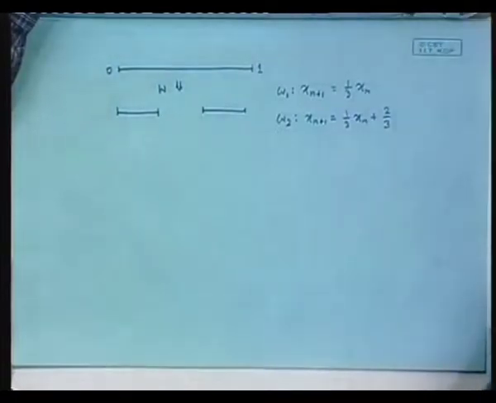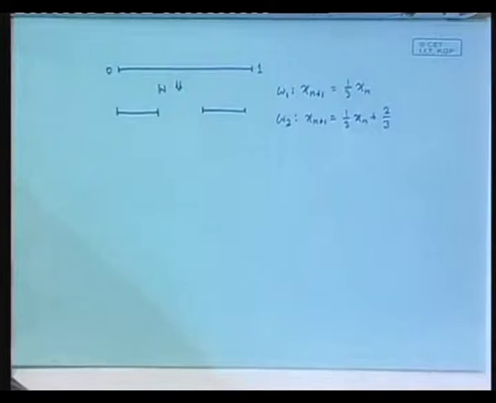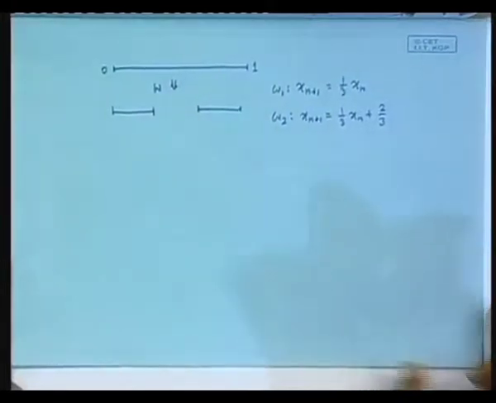Now, let us go forward. Suppose I have in the 2D space two of the W's, two contraction mappings, and putting them together, the union of them defines my ultimate mapping.